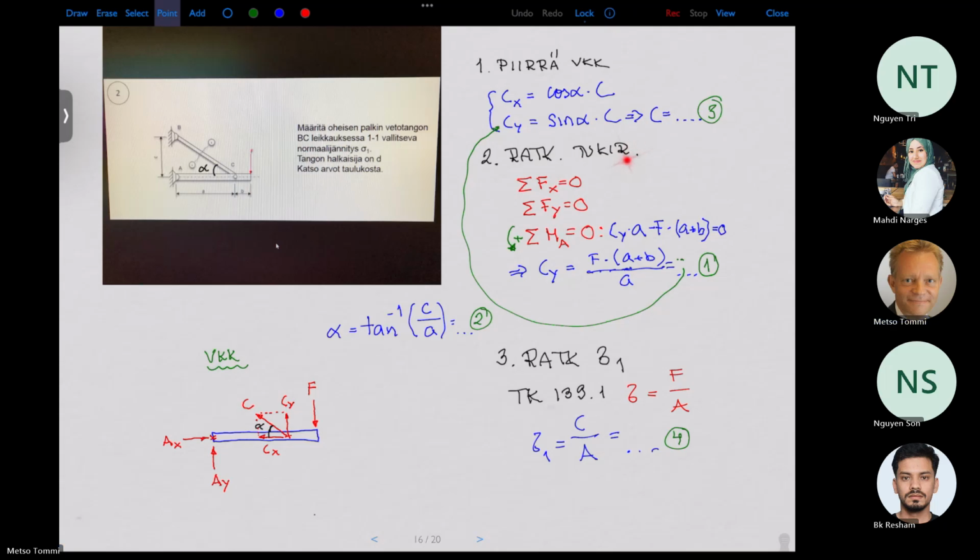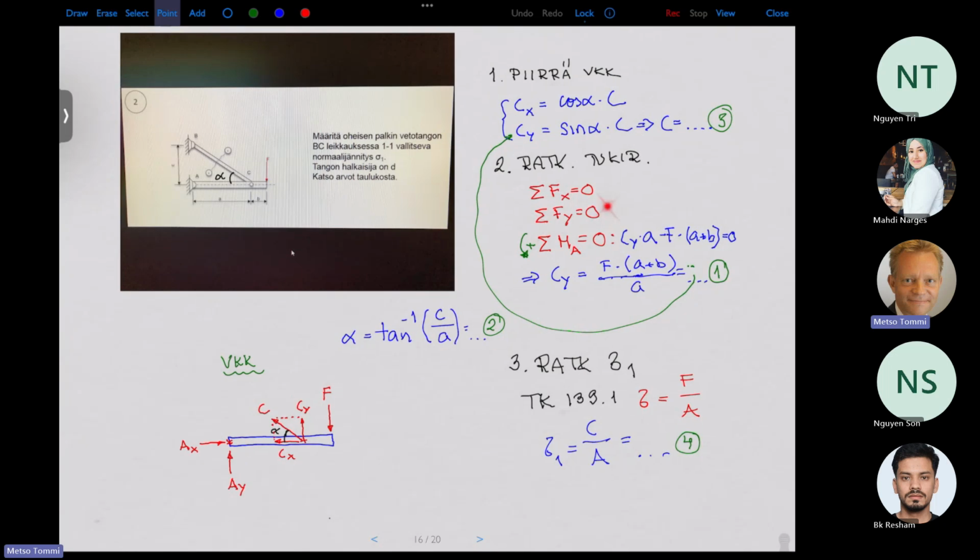And what you can use is the equation of equilibriums or balance equations. You have to start with this sum of moments to get going.